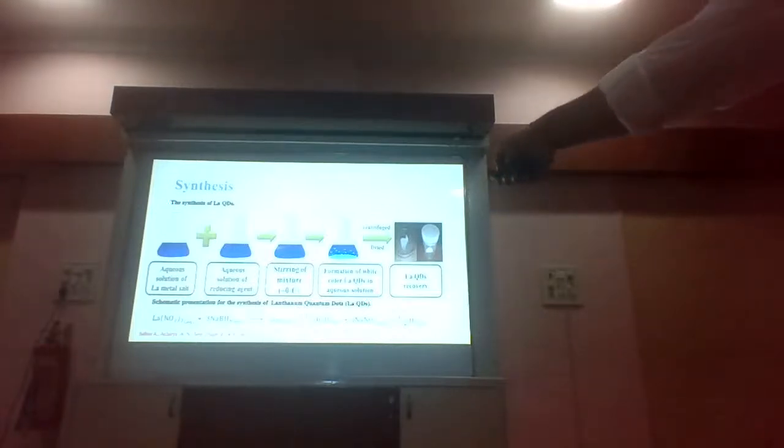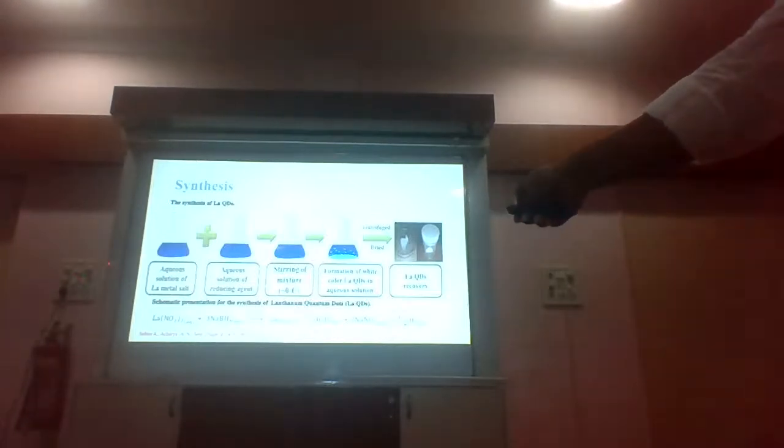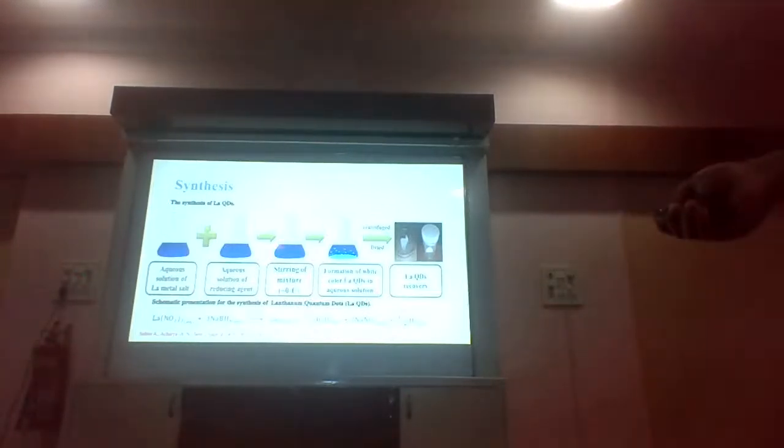In this case, I am using sodium borohydride as a reducing agent, and synthesizing at around 0 degrees Celsius, and I get a formation of white colored lanthanum quantum dots, and I can separate these quantum dots from the liquid solvent to solid powders through centrifuge and oven drying at 90 degrees Celsius. This is my reaction scheme, the balanced reaction scheme for lanthanum nitrate.